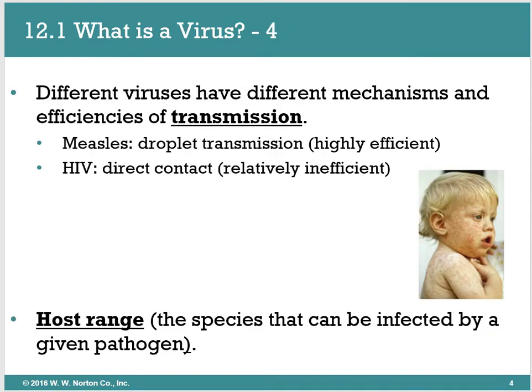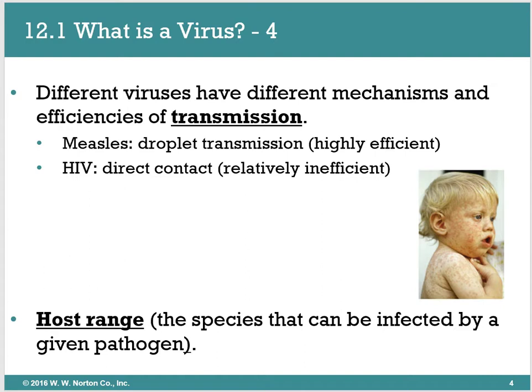So different viruses have different mechanisms in which they like to be transmitted. Like HIV, human papilloma, HSV, those all prefer direct contact, primarily through sexual contact. But if it's just direct contact where it's skin to skin, it is possible for that to happen, as well.